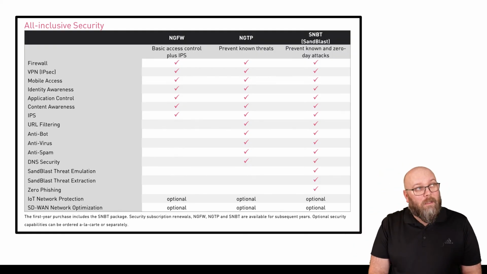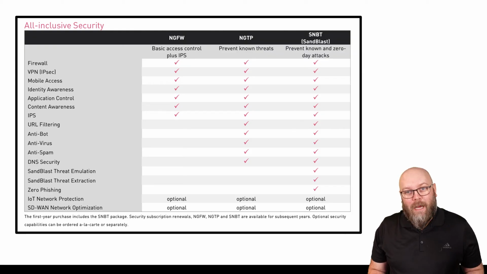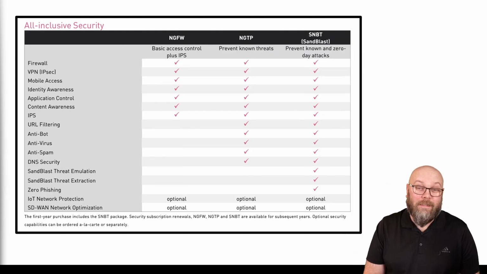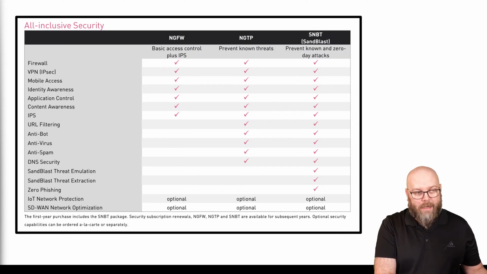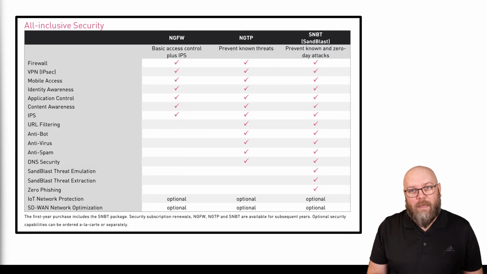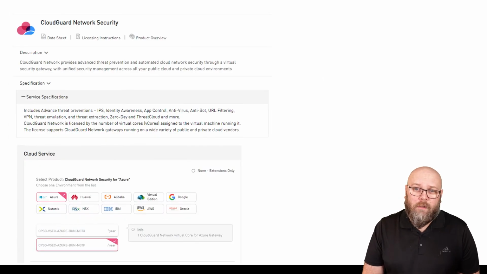It has not been supported before. I'm not aware how it is today. And just as a side note, you can change this, so you don't need to decide this from the start. So you can purchase a box with NGFW and then upgrade to NGTP later on. It's fully possible.